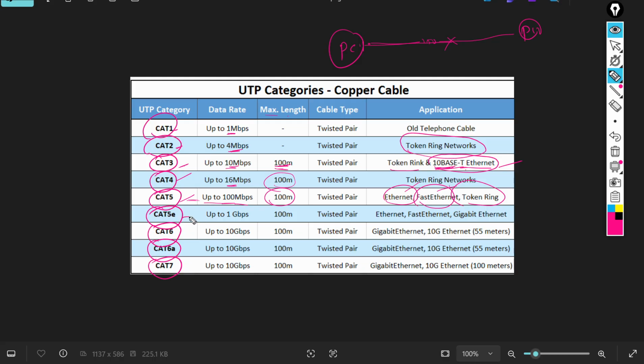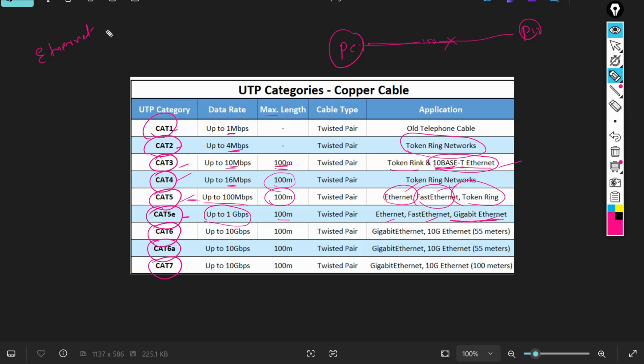And next category 5E. The category 5E supports up to 1 Gbps and the distance is same, and you can use this in gigabit Ethernet also. Gigabit means 1000 Mbps. We will discuss what is the Ethernet, what is the fast Ethernet, what is the gigabit Ethernet. Ethernet is nothing but Ethernet network.